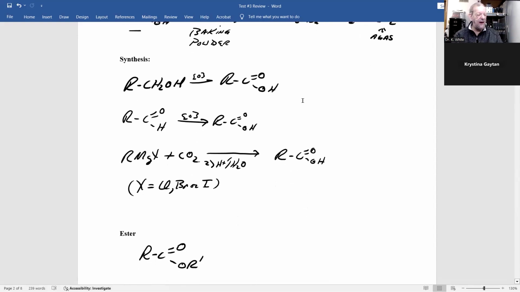Next, how do you make a carboxylic acid? If you take a primary alcohol and oxidize it, O in brackets means oxidizing agent. I'm not asking you to memorize all of them. I'll use the general form like that. You form a carboxylic acid.